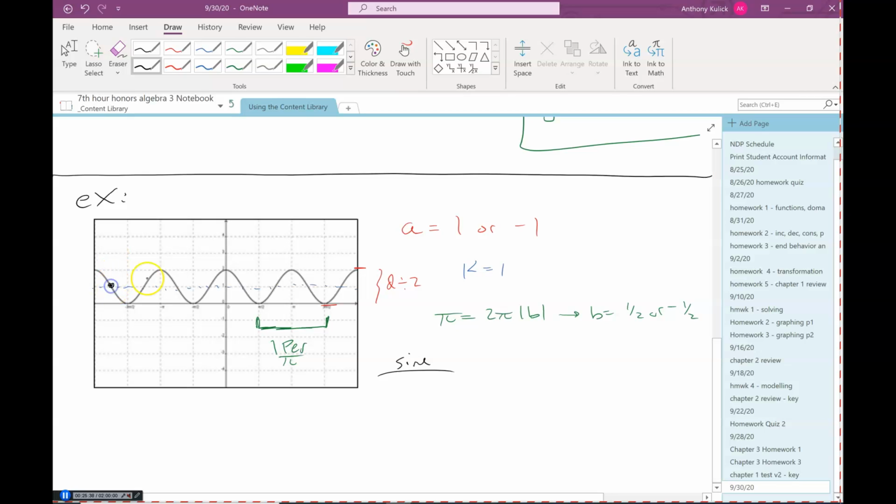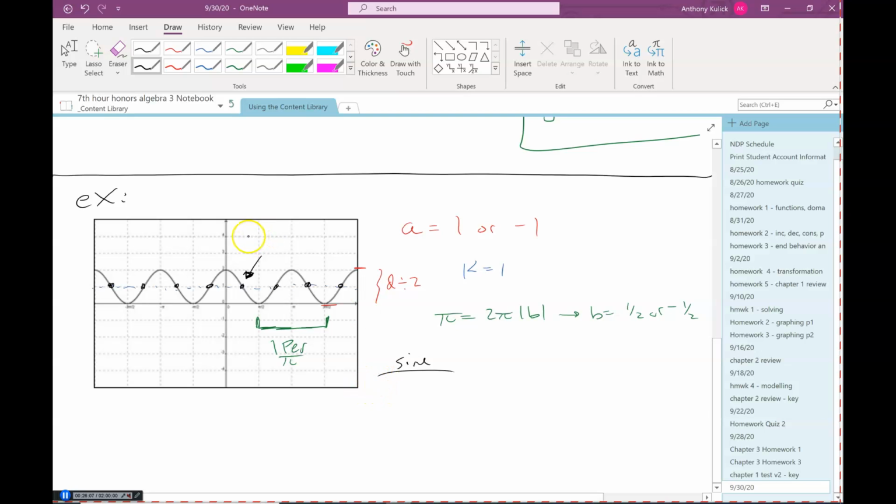For example, any of these would be appropriate. Let's say for the sake of argument, I'm going to pick this one. Is everybody okay there? It doesn't matter. Any of those would be fine to use.